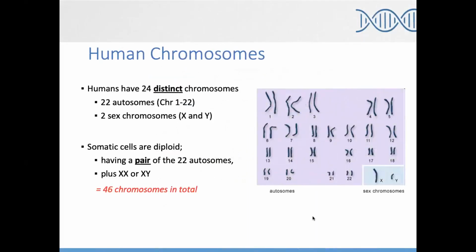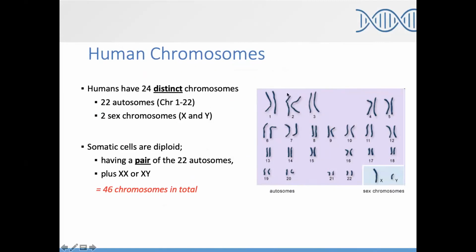Okay, so here's an example of a human genome, and it's organized in a format that we describe as being a karyotype. So again, if you remember from that previous table that I just showed you, the haploid number of chromosomes in the human genome is 23. So a diploid genome would consist of 46 chromosomes.